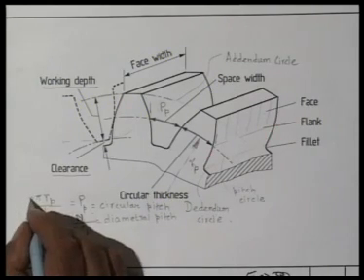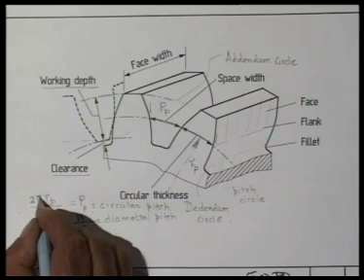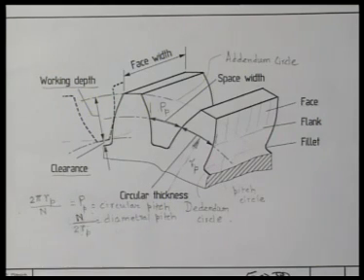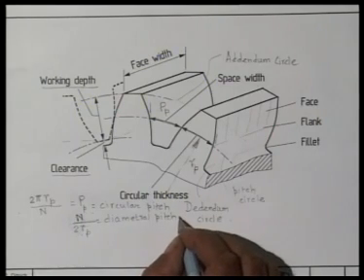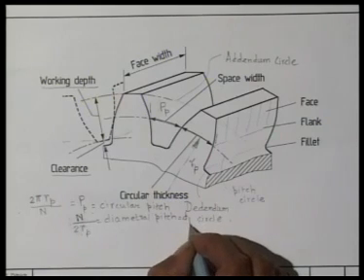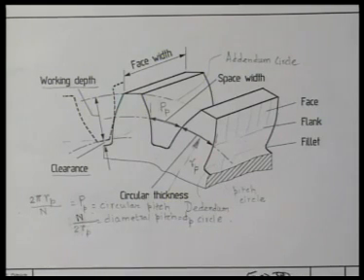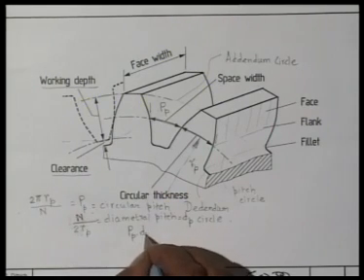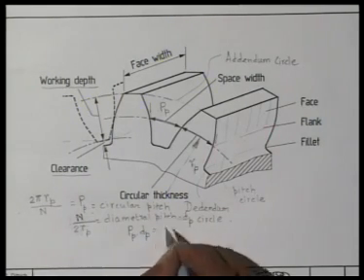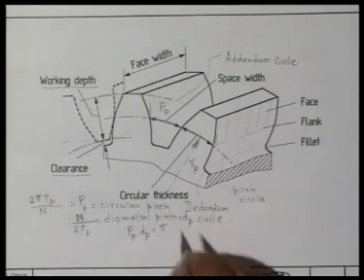From these two relations, with diametral pitch written as Dp, if we multiply Pp by Dp, as we see n and 2 Rp cancel, we get Pp into Dp is nothing but pi.